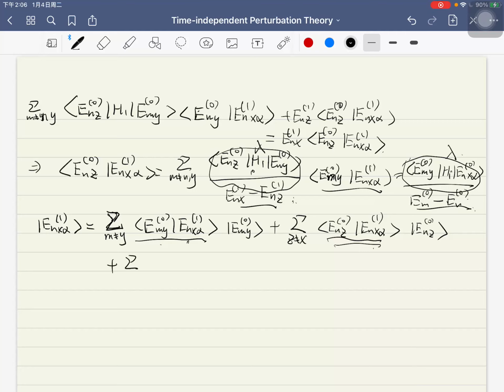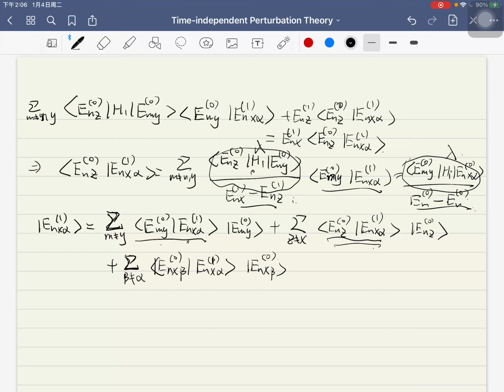Then the sum over beta not equal to alpha, E n x beta 0, x alpha 0.